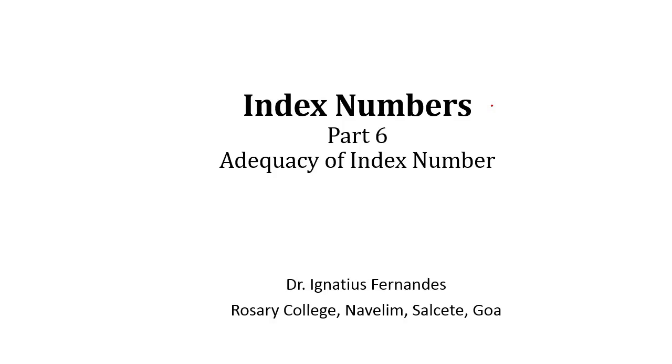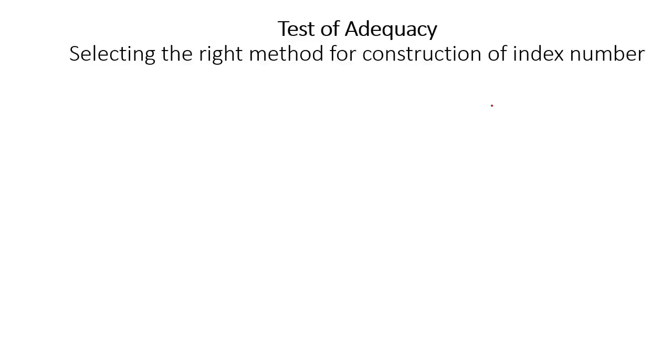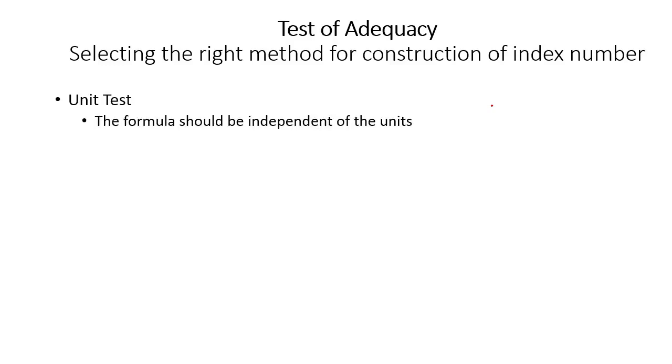Now, to verify adequacy of an index number, which is the most reliable one, there are some tests that are usually recommended. One of them is a unit test. A unit test suggests that the formula that we are defining should be independent of the units.